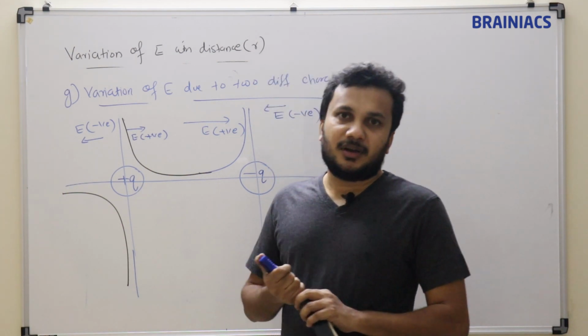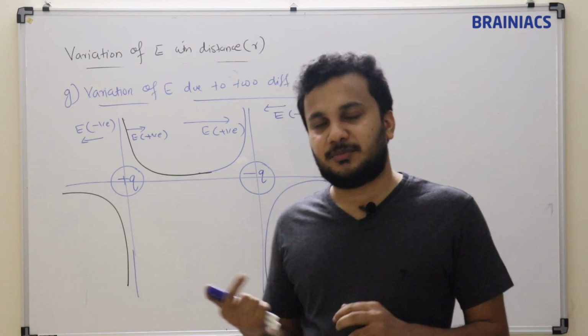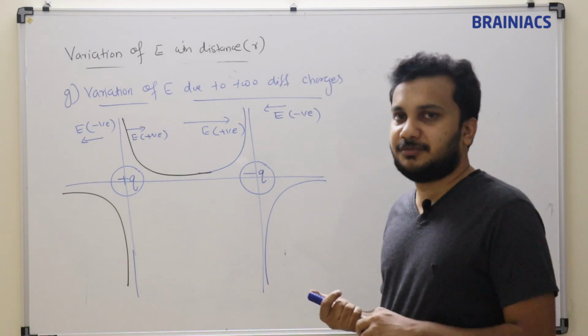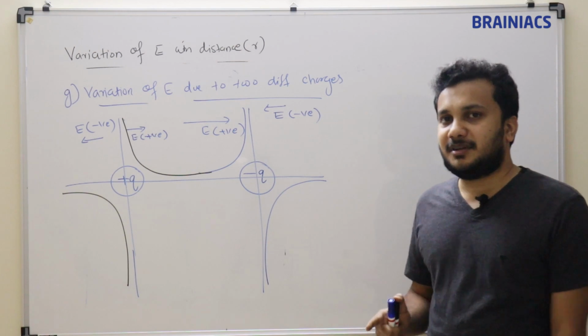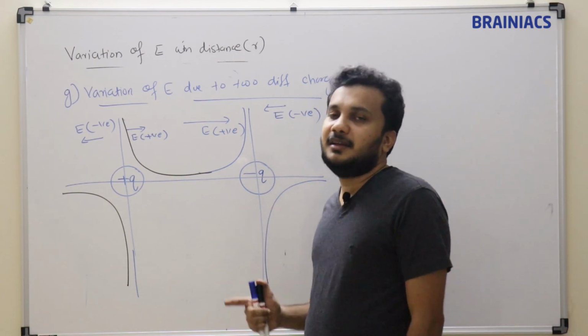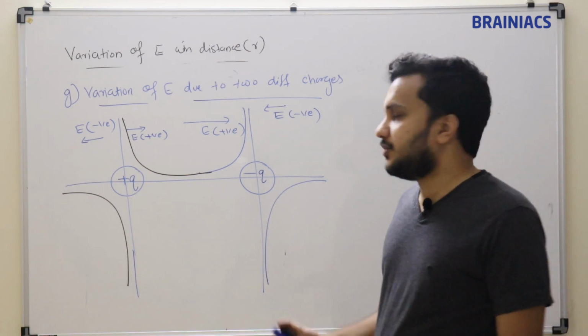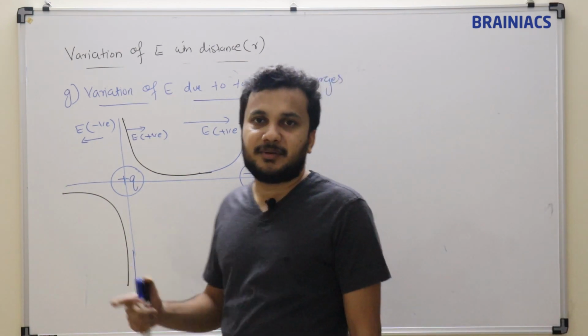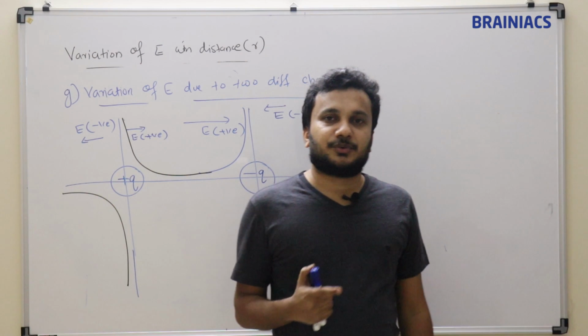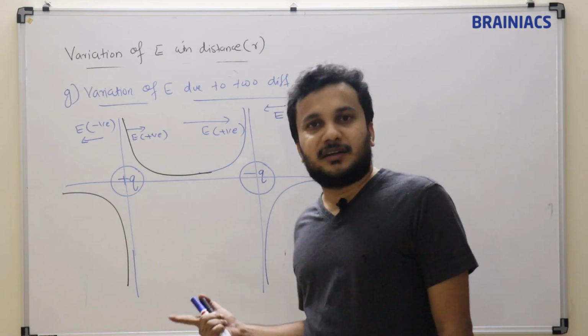Once you understand how to draw the diagram for plus q or minus q charges, the variation of electric field, you can draw it for any other combination that comes in an examination. Mostly whatever I have covered will be here, 7 cases. Any question will fall under one of these categories.